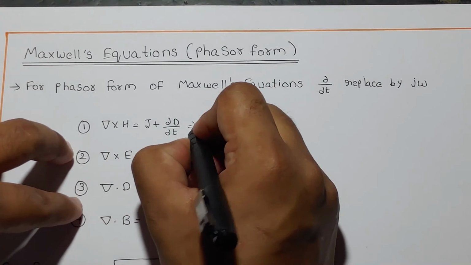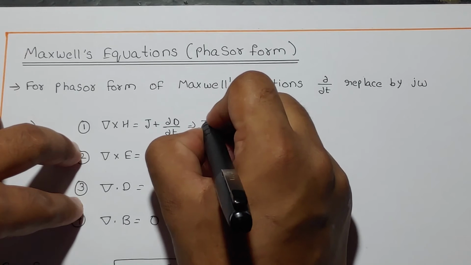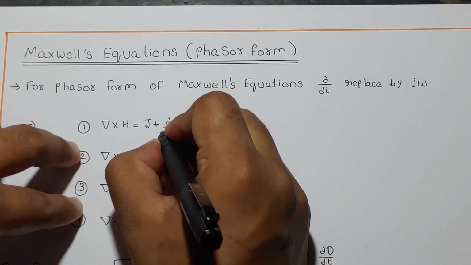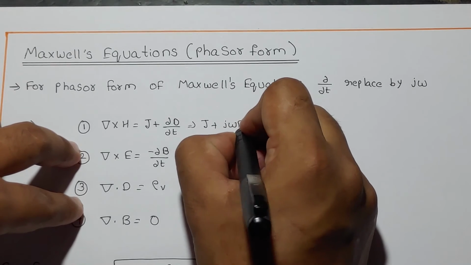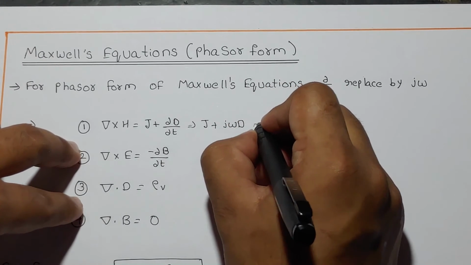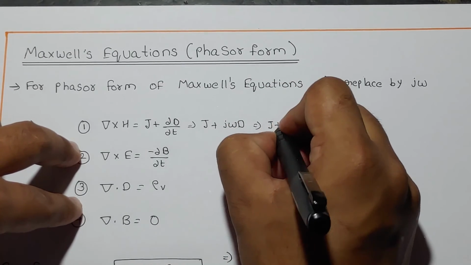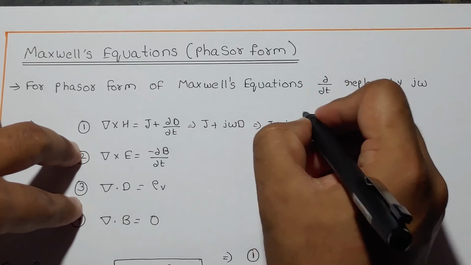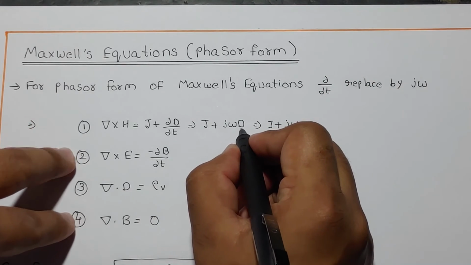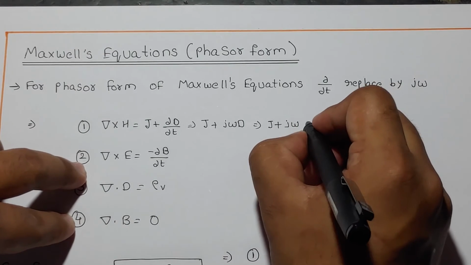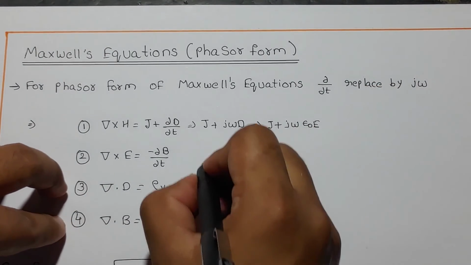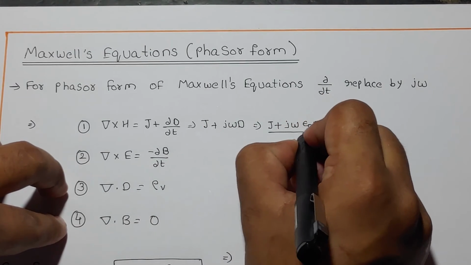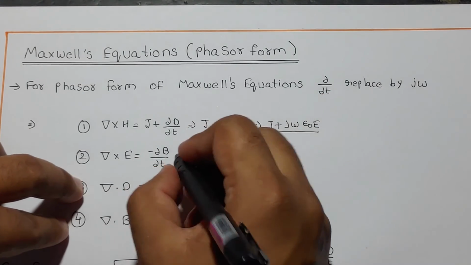This can be written as J plus j omega times D, which is equal to J plus j omega times epsilon naught E, as we know that D is equal to epsilon naught E. This is the final equation in phasor form.